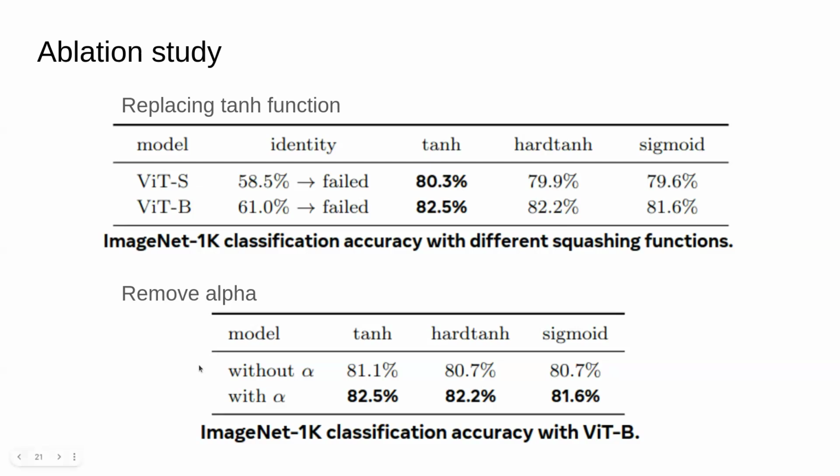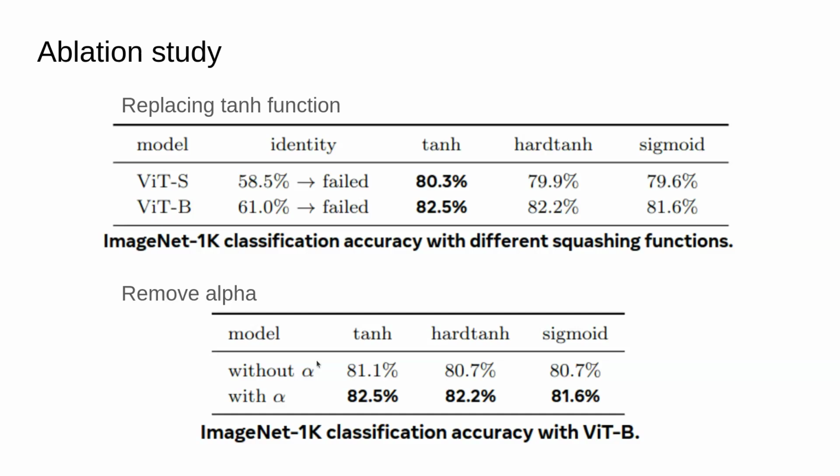And then they do another ablation where they remove the alpha. So basically, you just put alpha to 1. And here you can again see the difference is not astronomical, but there is more of a difference overall, because in all of these cases you do see at least about a 1% difference, which I say is significant.